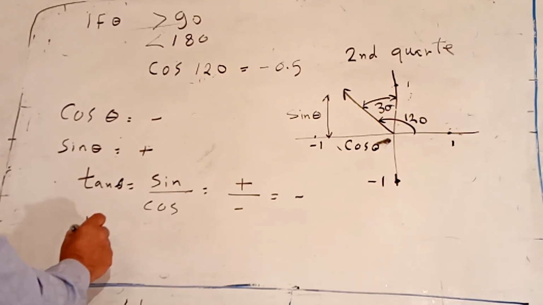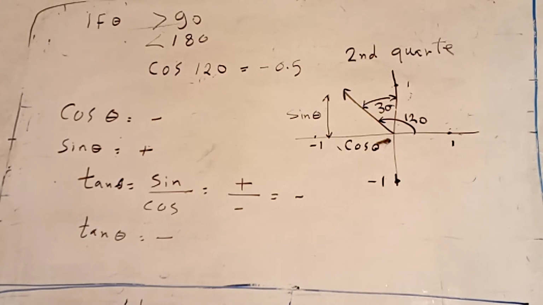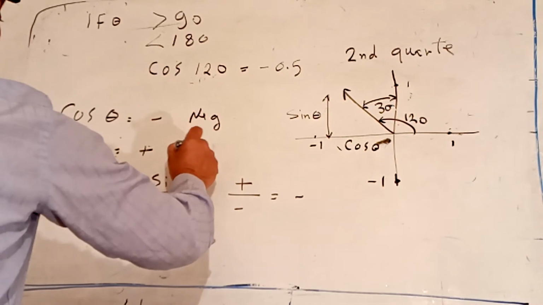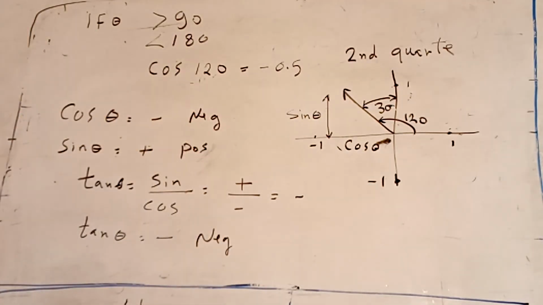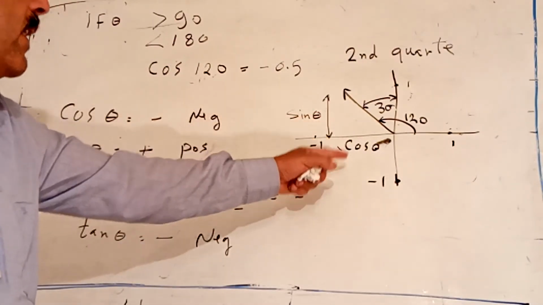Understood this? Please take a look at it very carefully, and let me erase it. So cosine is negative, sine is positive, and tan is negative too.